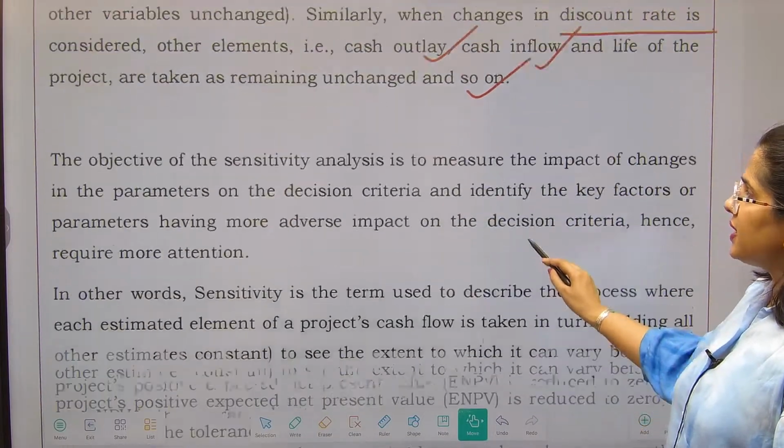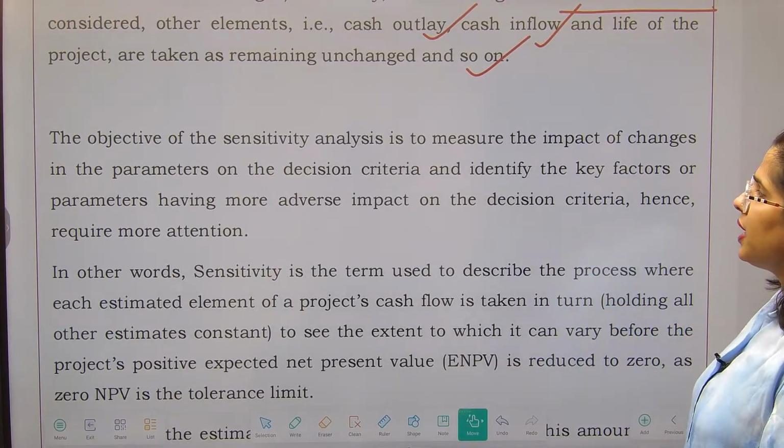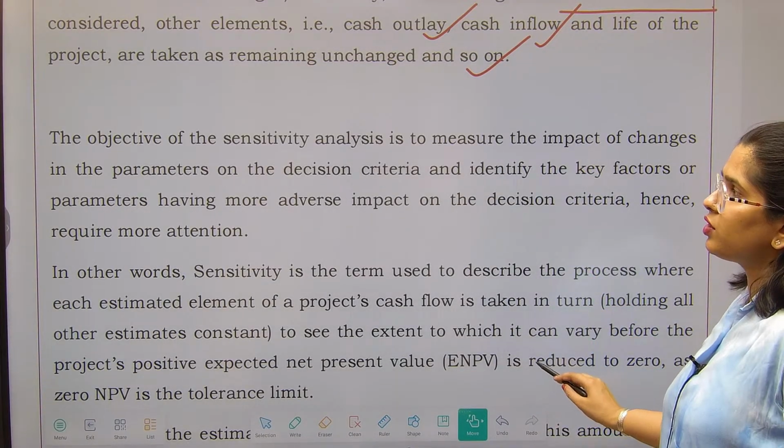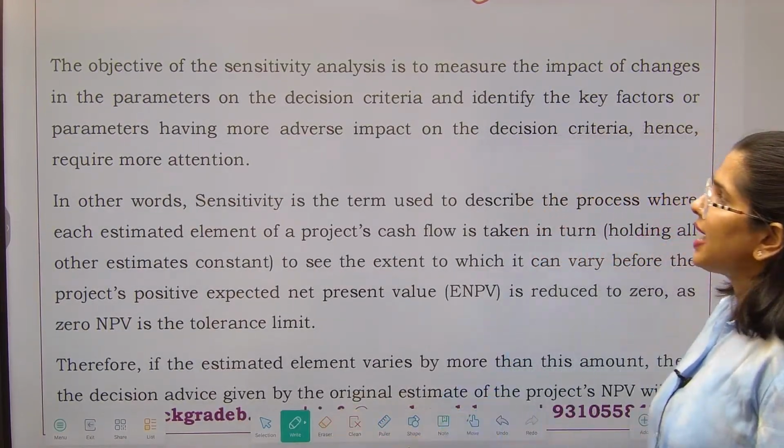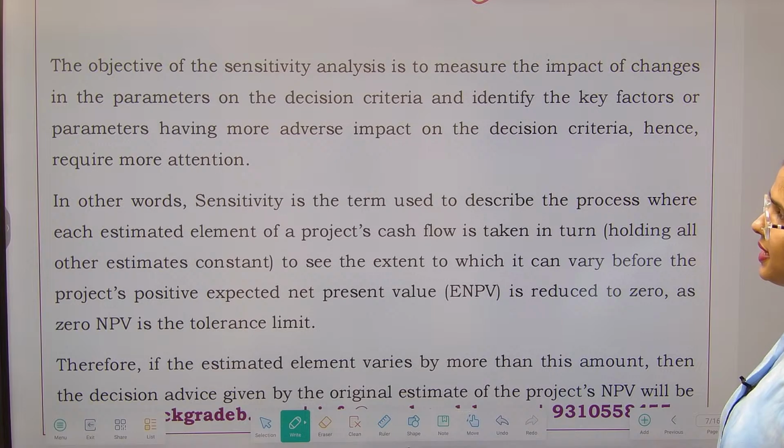The objective of the sensitivity analysis is to measure the impact of changes in the parameters on the decision criteria and identify the key factors or parameters having more adverse impact on the decision criteria.